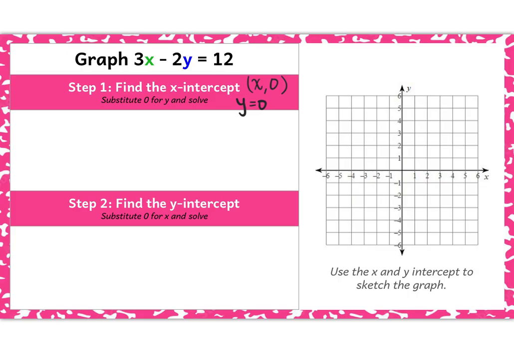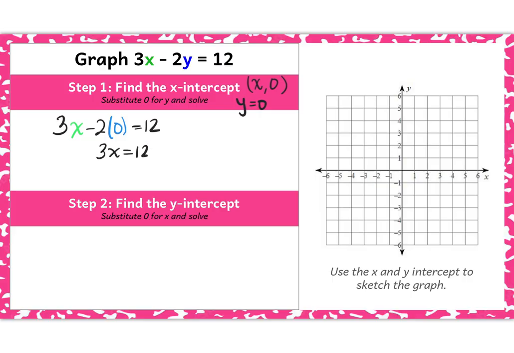That's what makes it an x-intercept. So I'm going to take my equation, 3x minus 2(0), because that is the definition of an x-intercept, equals 12. When we simplify this, 2 times 0 turns into 0, so I'm just left with 3x equals 12.